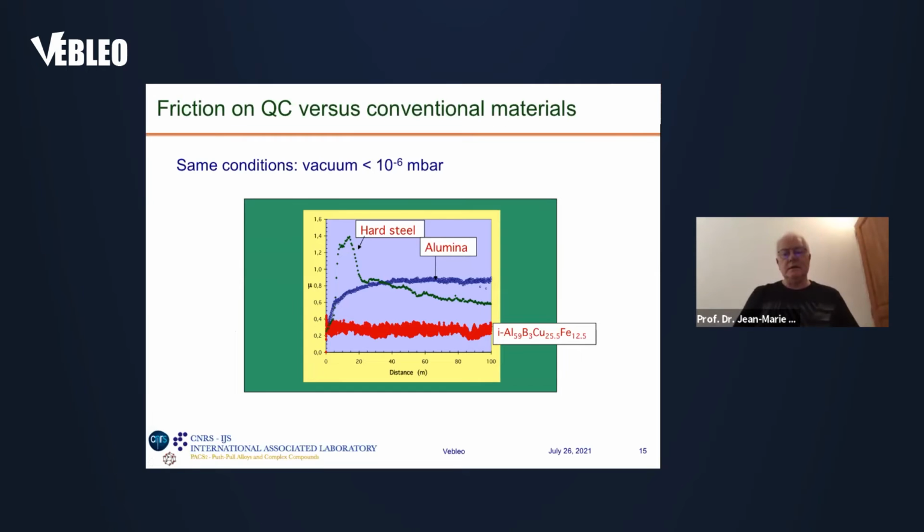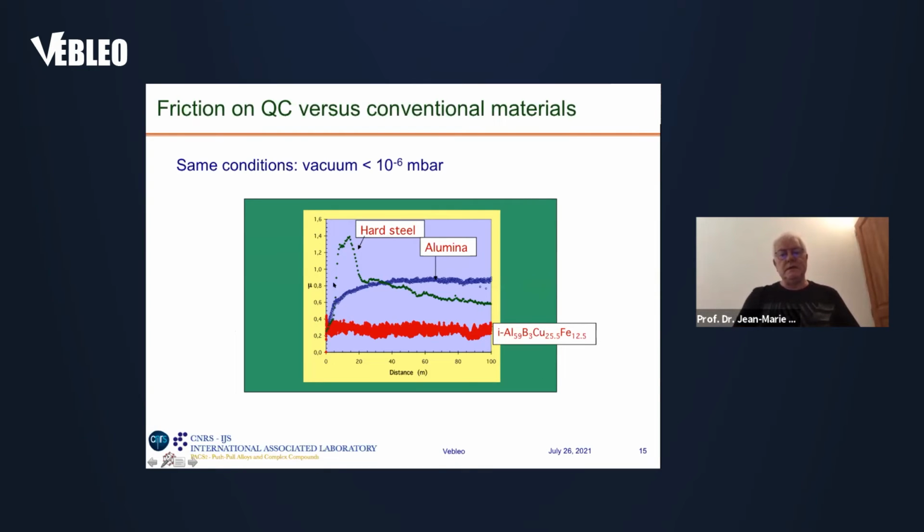So here are three friction tests made in these conditions. One with an oxide, alumina, one with hard steel, and the third one with a quasicrystal, icosahedral quasicrystal. Let's take the hard steel in contact with hard steel.